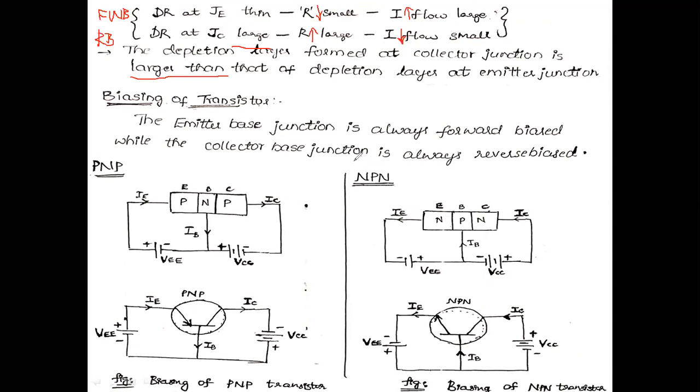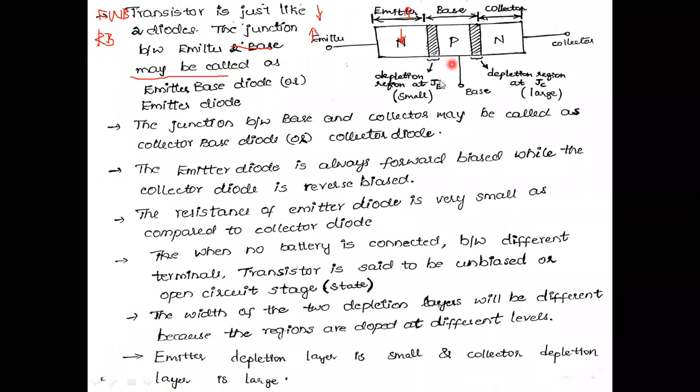This is regarding the layered diagram representation as well as how many diodes are present in the transistor. You are supposed to explain each and every layer, as well as the biasing condition of the three terminals.